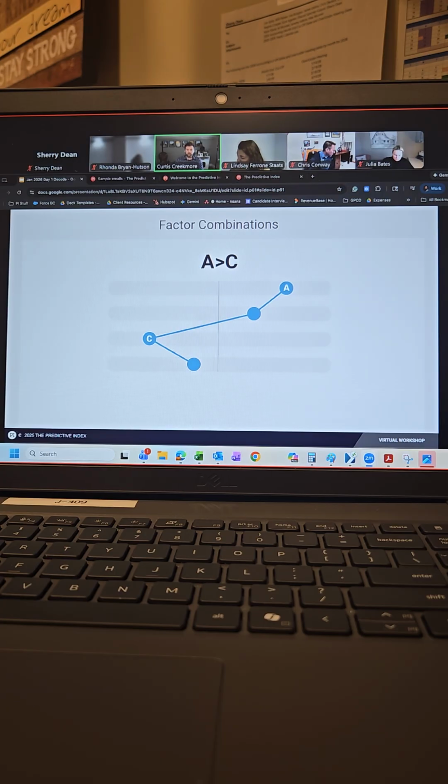When we write factor combinations, we always write the highest factor first, followed by the greater than symbol, followed by the lower factor of the two. So in this case, we would say this person has A over C, and we would write it as A greater than C.